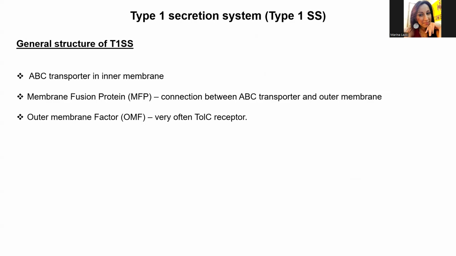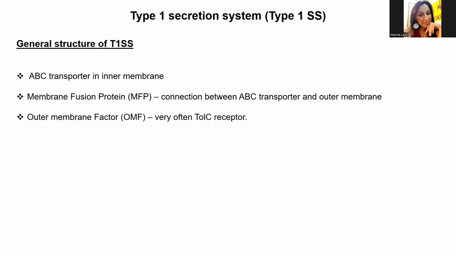This part will be most responsible for energizing the transport. Next one in line will be something that connects inner to outer membrane, which will be the membrane fusion protein, or MFP, simple as it is. And that MFP will connect your ABC transporter in the inner membrane to the outer membrane transporter, which will be TolC.